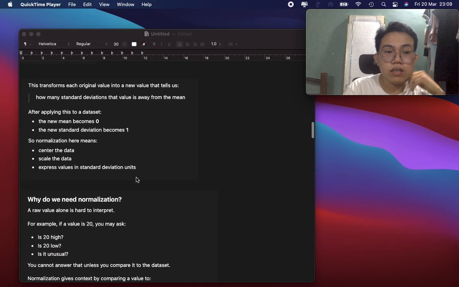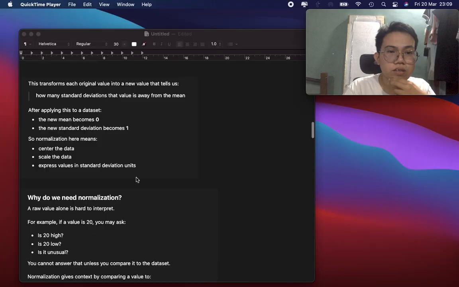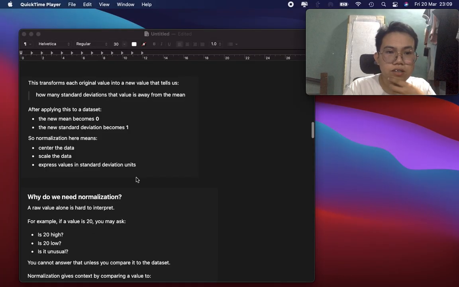After applying this to the data set, the new mean becomes 0 and the new standard deviation becomes 1. So normalization means we center the data and scale the data via the standard deviation.